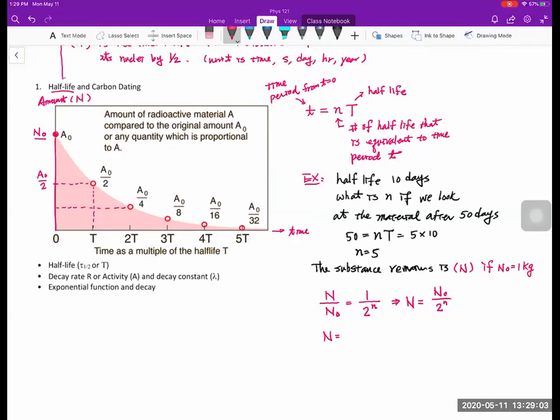Then you use 1 kilogram divided by 2 to the power of 5. That is how you can calculate what remains after this period, and how you solve this.